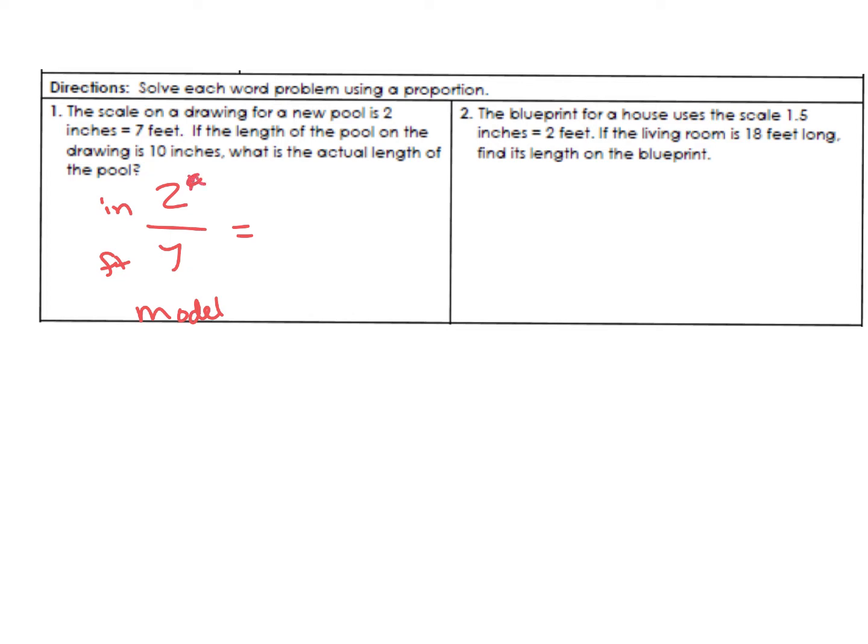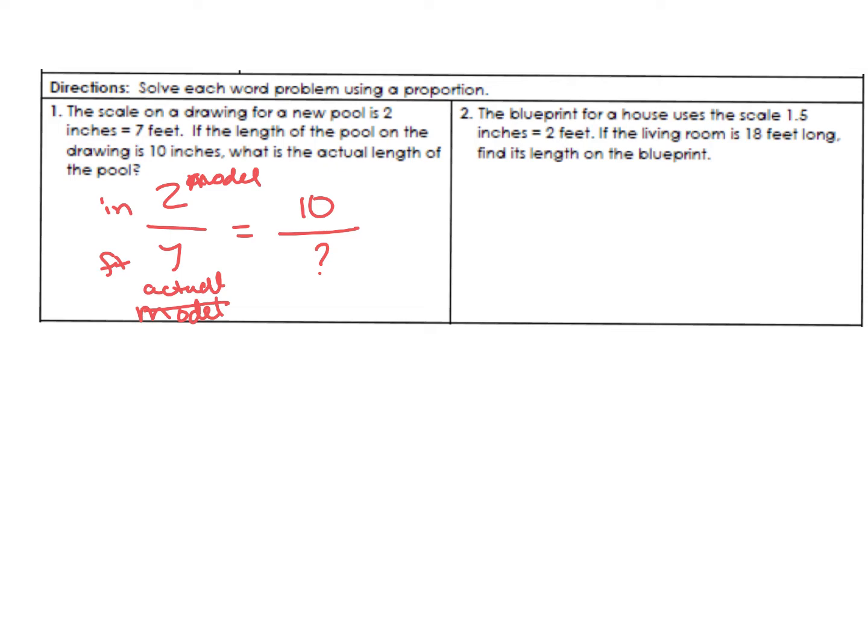The top is the model. The bottom is the actual. So 2 inches on the model is 7 feet on the actual swimming pool. So the question is, if the length of the pool on the drawing is 10 inches, so we're going to put that on top, what is the actual length of the swimming pool?